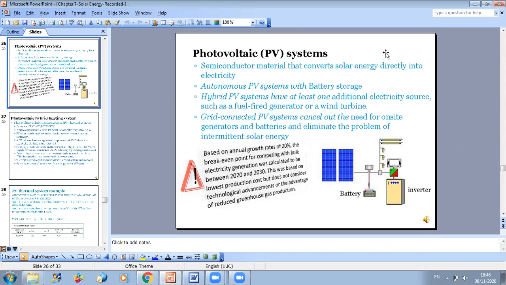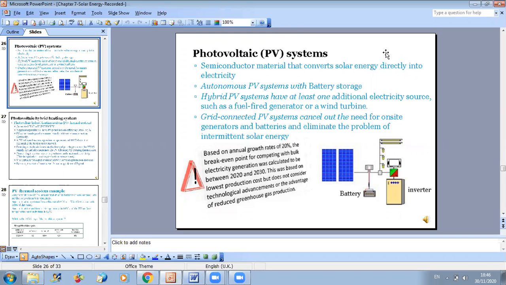On the other hand, when solar energy is not enough, we take energy from the electricity grid to operate our house. In this way, we can maintain a constant amount of electricity provided to our system. Grid-connected PV systems cancel out the need for on-site generators and batteries and eliminate the problem of intermittent solar energy.